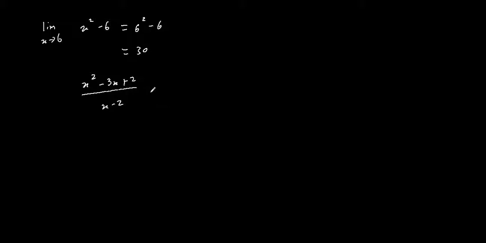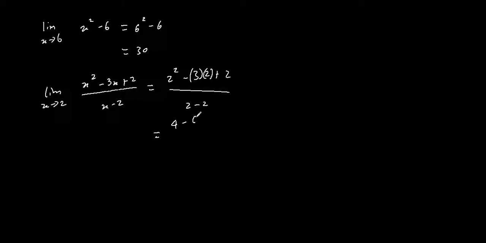And if I take the limit as x approaches 2, when I sub x equals 2, I just get 2 squared minus 3 groups of 2 plus 2, all over 2 minus 2. That evaluates to 4 minus 6 plus 2 all over 0, which is the same thing as 0 over 0.